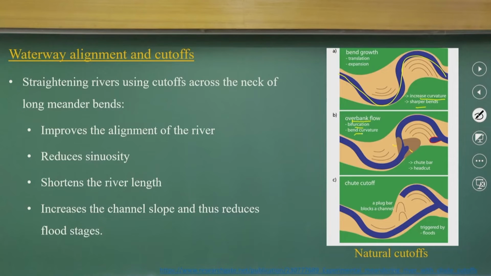So, it forms a head cut and chute bar. It starts depositing here, then makes a chute bar and the head cut here, and after that it blocks the path, then it can take up this sand. So, chute cutoff is triggered by the flood. This is how natural cutoffs happen.